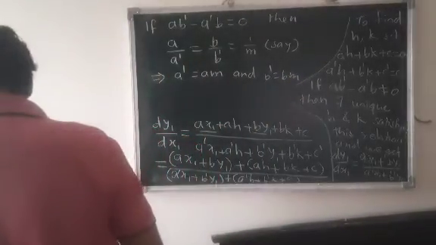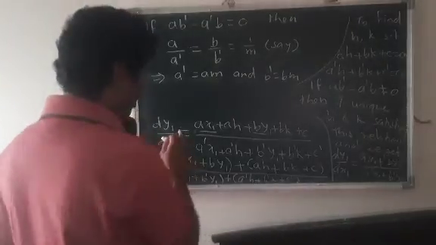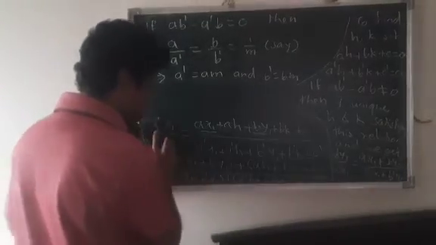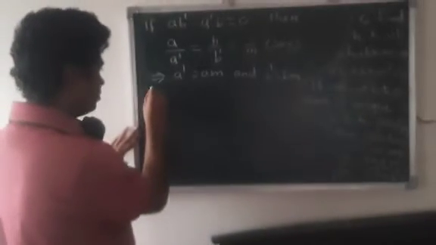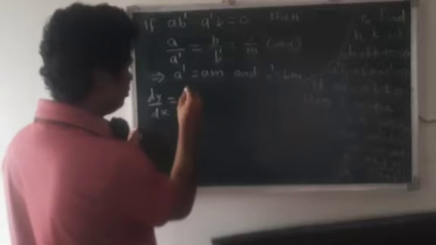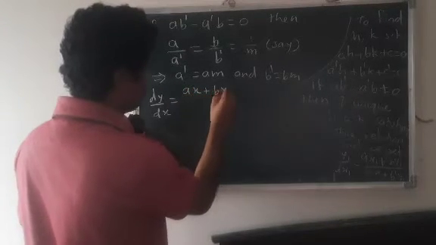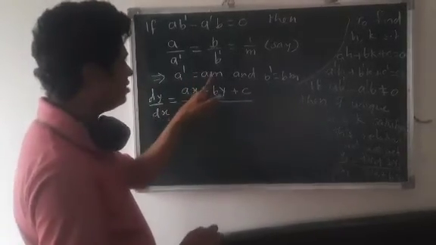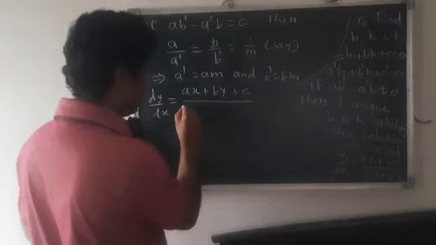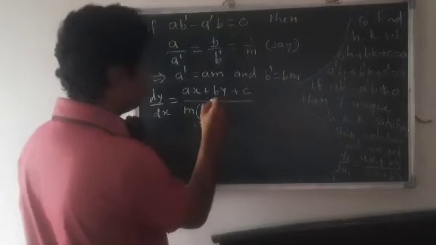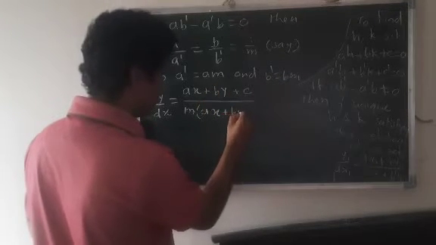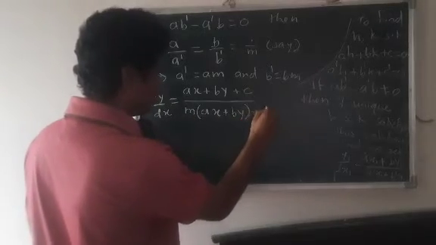Substituting this in the given equation we get dy by dx is equal to ax plus by plus c divided by a dash x, now a dash is am, so m will be common, b dash y is bmy, m is common, plus c dash.